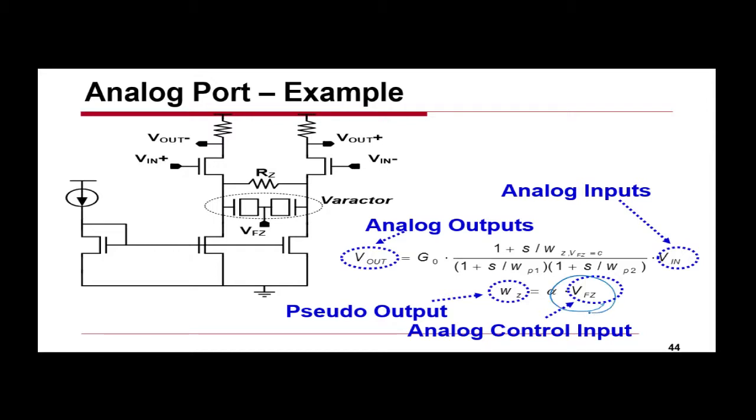The pseudo output is basically the location of the pole or zero that's moving. So we have a characterization that we do for the different parts that allows us to characterize the circuit in a way that the functional model has to match.